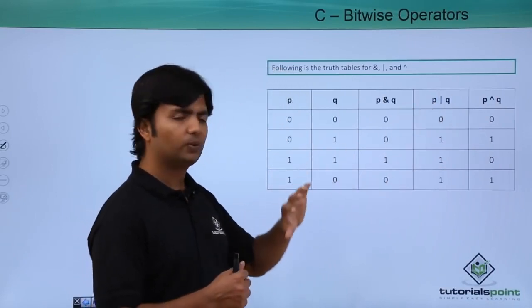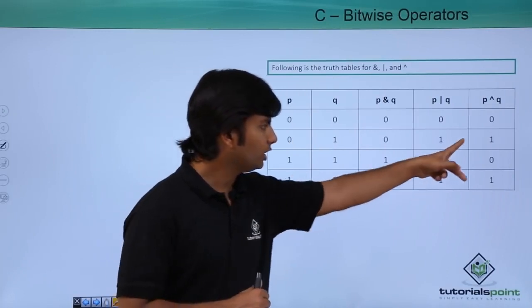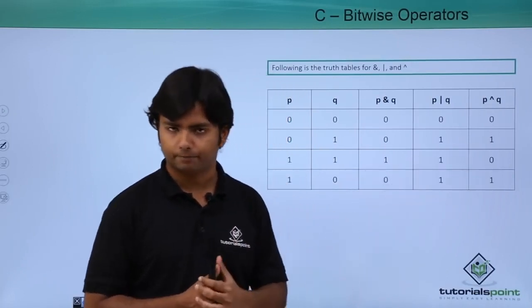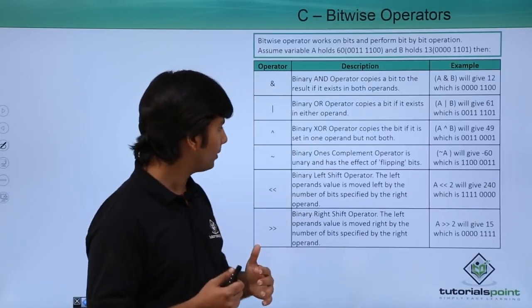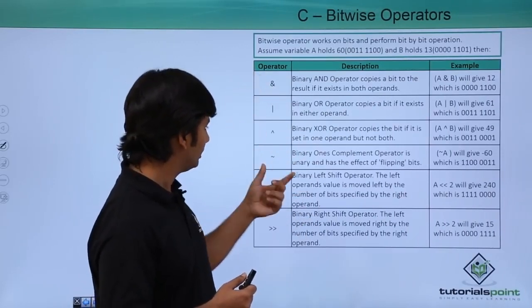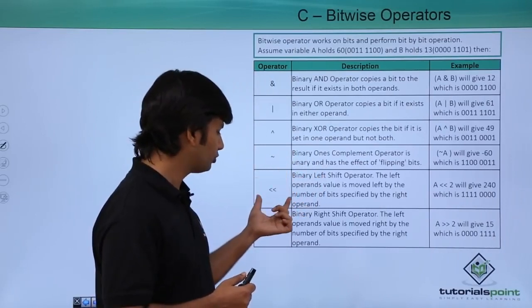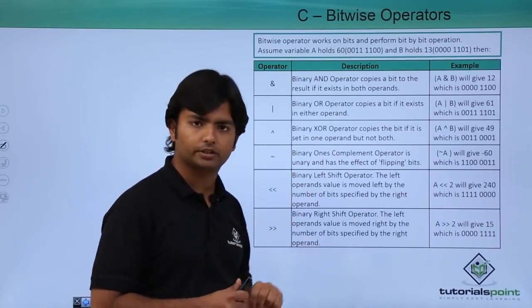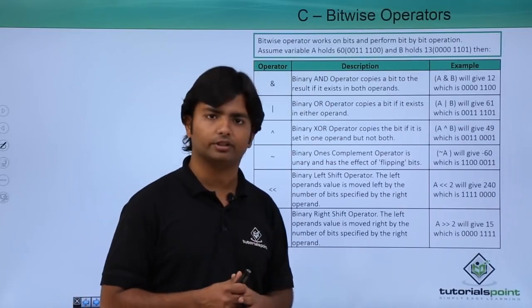But when it gets a combination of 1 and 0, like 0 1 and 1 0, it will return you a 1. So apart from these three, we do have some more operators like NOT, the complement operator. After that, we have the left shift and right shift operators. So let's have a look at how these operators basically work.